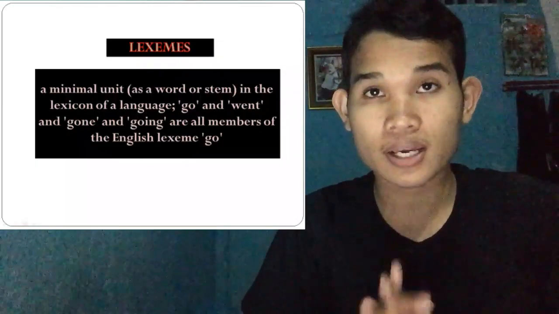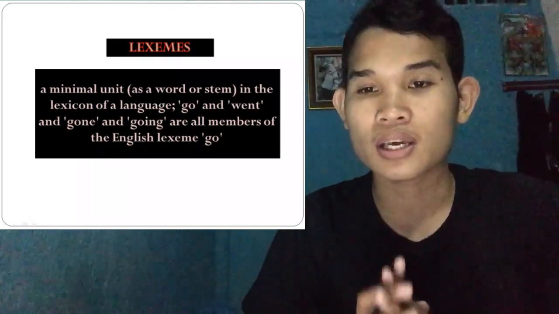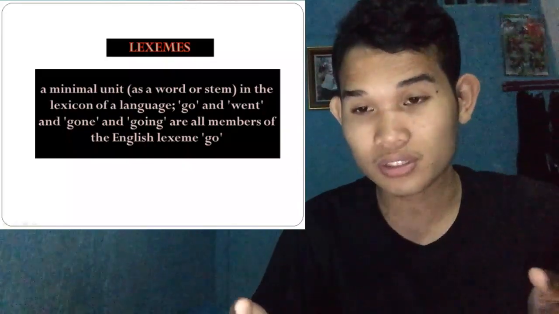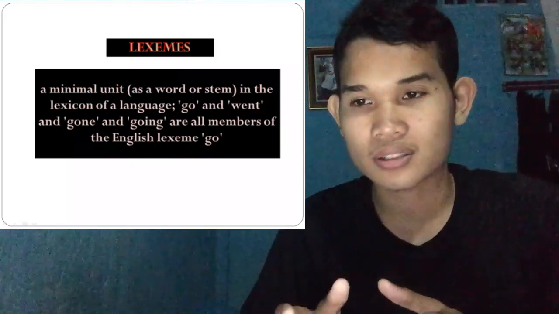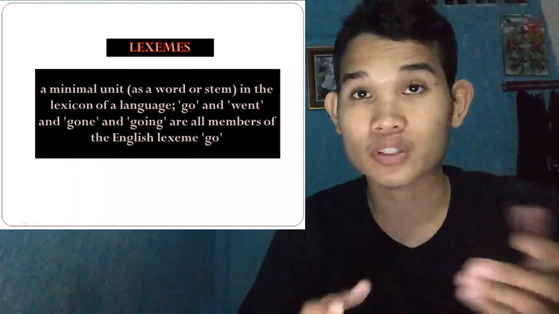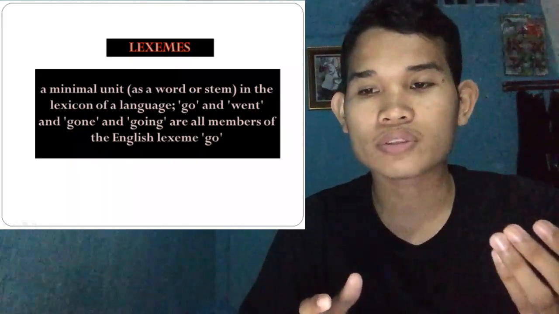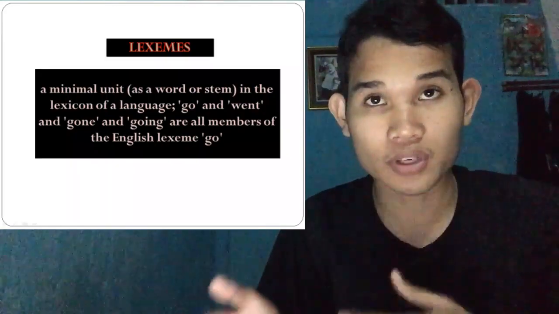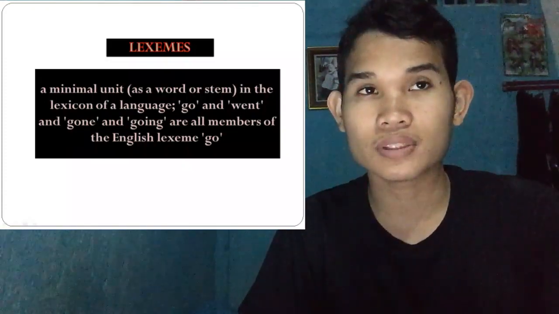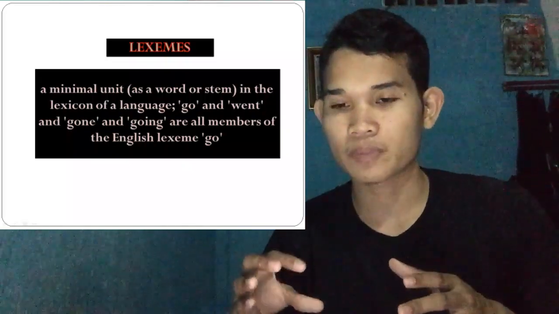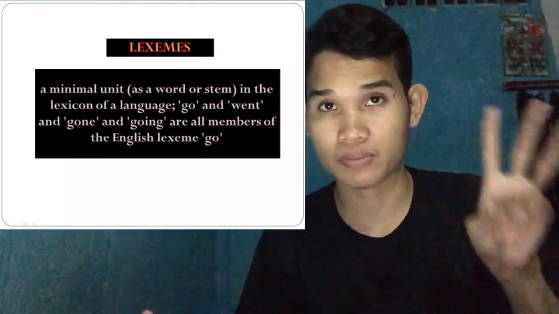So the first one is about the lexemes. What is actually a lexeme? A lexeme is the minimal unit as a word and also term in the lexicon of the language. For example, go, went and also gone are all members of the English lexeme go. This is like the difference between verb 1, verb 2 and also verb 3.